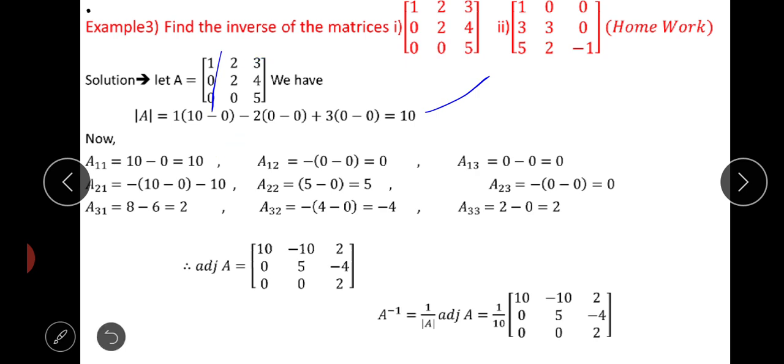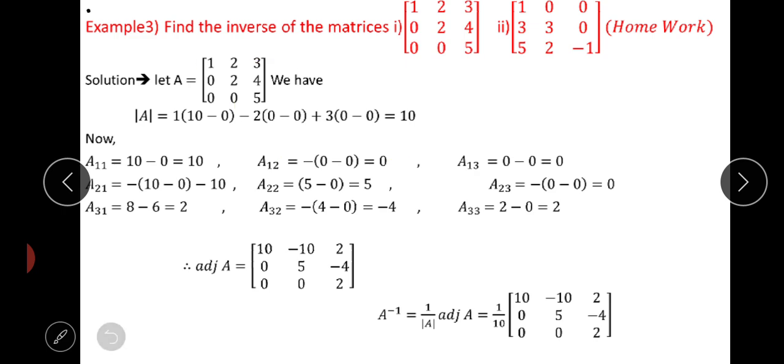Then the cofactor of A12, delete the second column and first row, 0 minus 0, so we get 0. I take the minus sign because 2 plus 1 is 3, and minus 1 to the power 3 is minus.